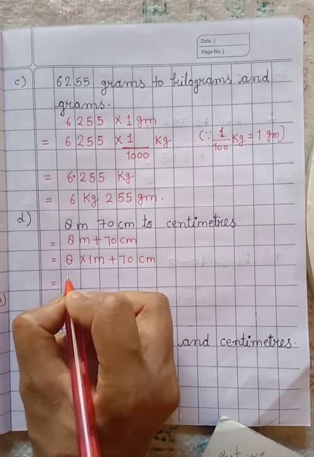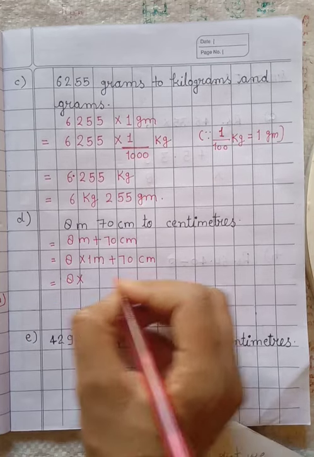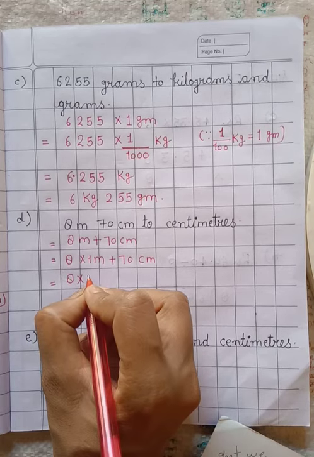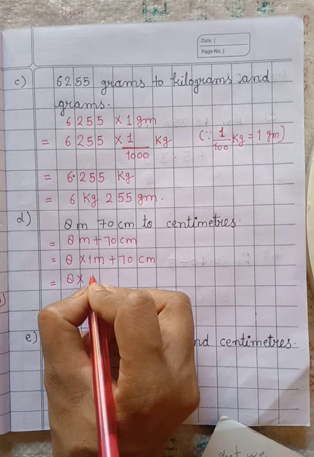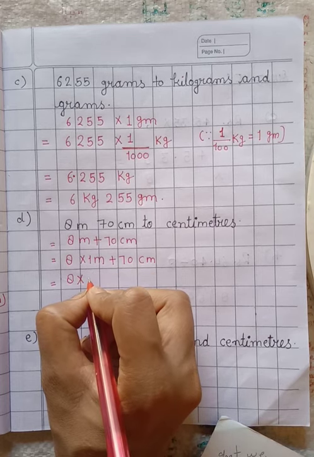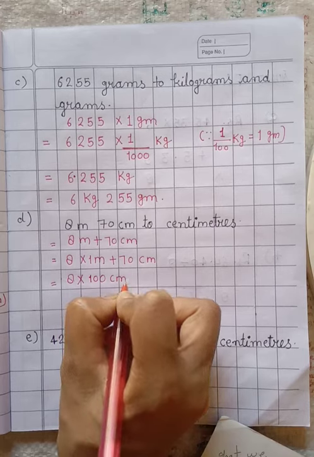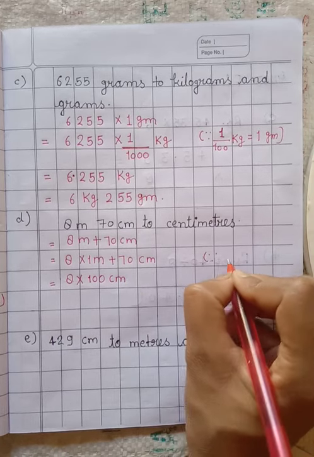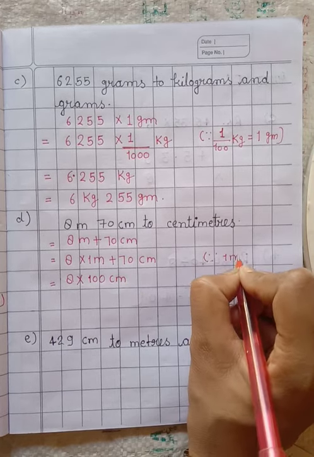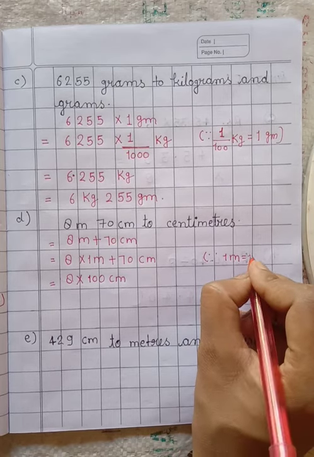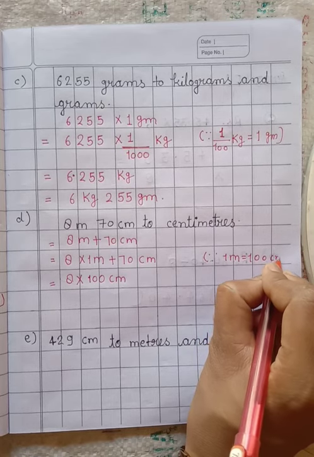That is 8 times 1 meter. We will put the value of 1 meter, that is 100 centimeter, because 1 meter is equal to 100 centimeter.